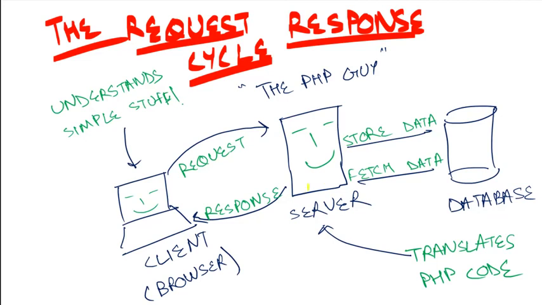Although this entire thing happens at different places, so you have the client at your end, and then there is a server which could be at any place. I mean, you could be accessing a web page from China, and the server could be in the US. So the translation of PHP code happens in the US, and you see the output of it in China.